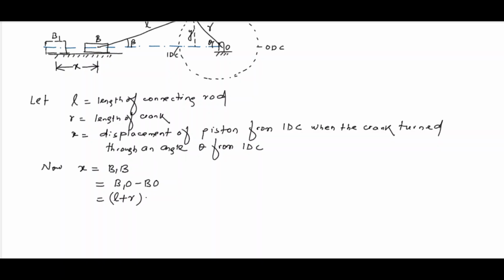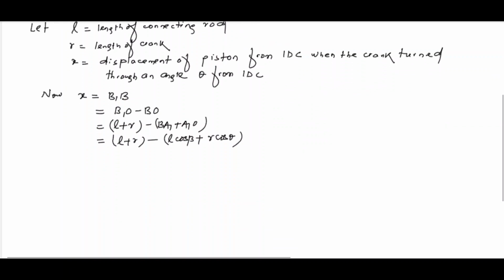So L plus R minus BO, which we can split by taking this point as A1. So this will be equal to BA1 plus A1O. Further we can write this as L plus R minus (L cos beta plus R cos theta).